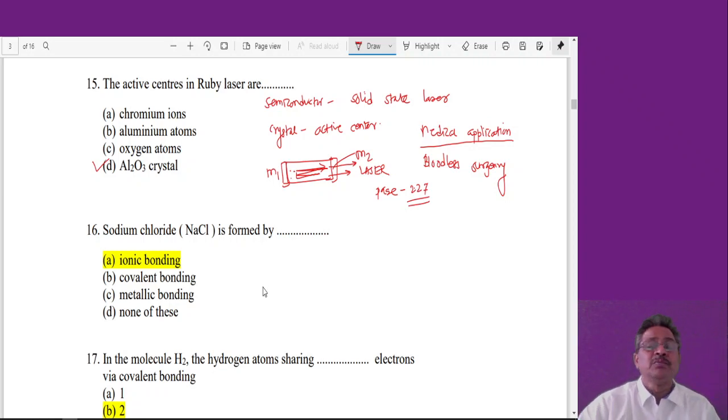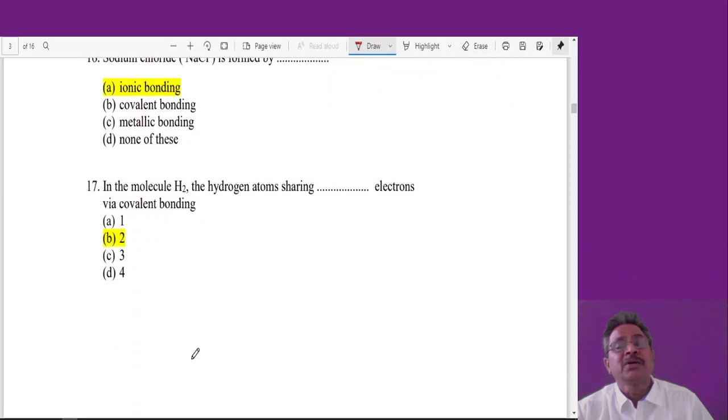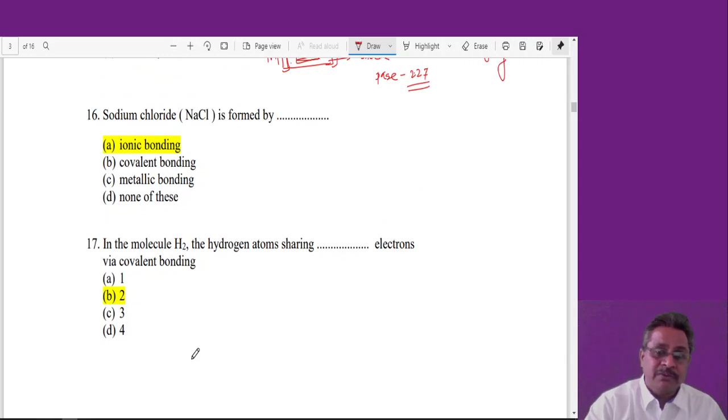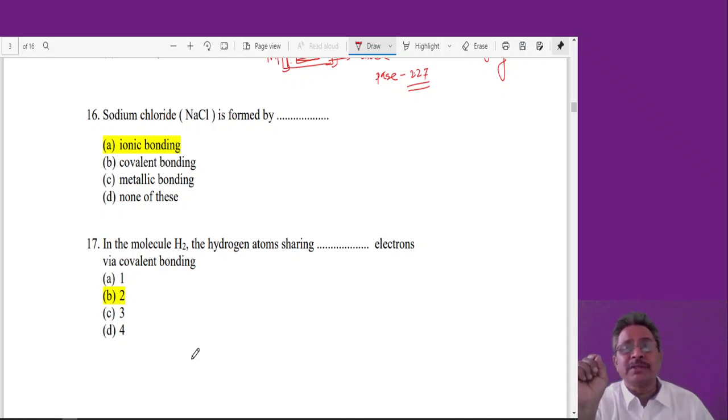Okay, now let's move to the next, that is question number 16 onwards. These are the questions on the physics of molecules. In the first chapter we have seen certain questions on the physics of atoms. Now, physics of molecules. In this case also we have to understand, I think you have studied earlier, that different types of bonding exist.